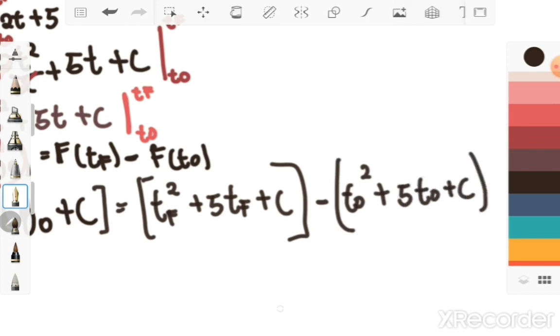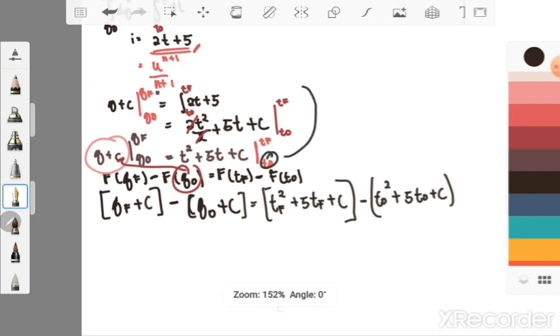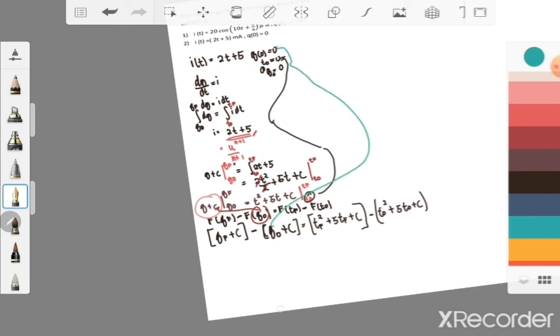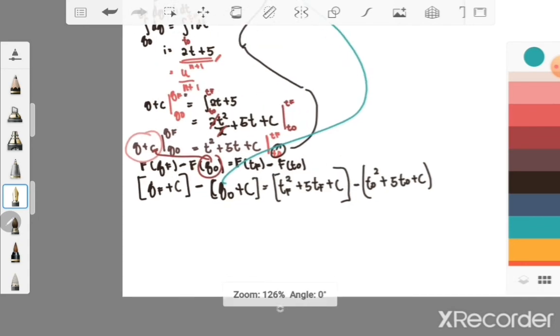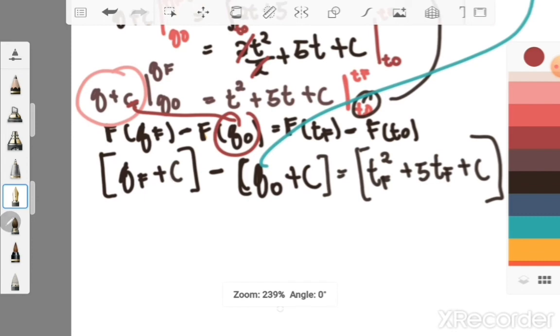But remember that our t sub 0 is equal to 0, and our q sub 0 is also equal to 0. Therefore, I will say that it is equal to q of f.